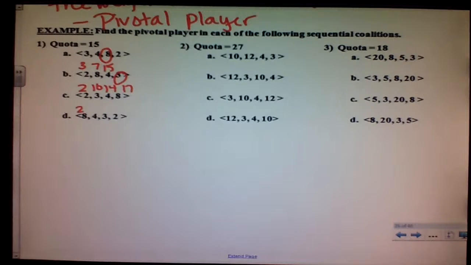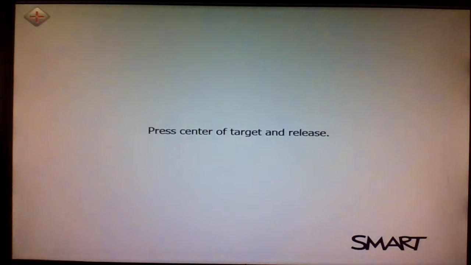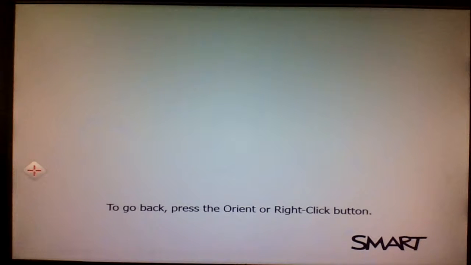So 2, 9, 5, 9, 17, 8 is pivotal. 8, 12, that's 15. 3 is pivotal. Oh my gosh, my board is so off. So take a couple minutes and find your pivotal players in 2 and 3 while I recalibrate this board. 3 is pivotal. Alright, I got it. 25, 14, 15, 13, 17.